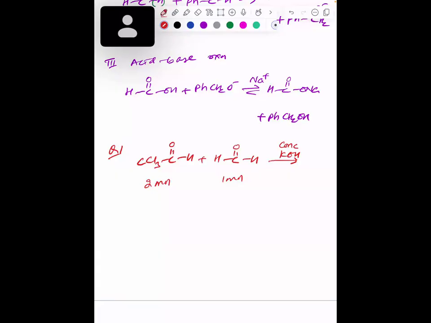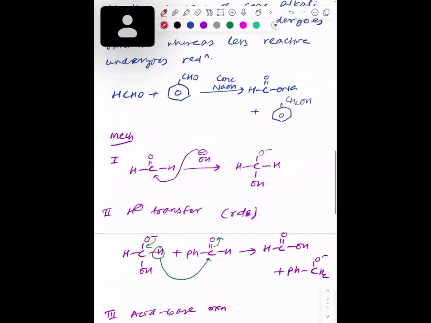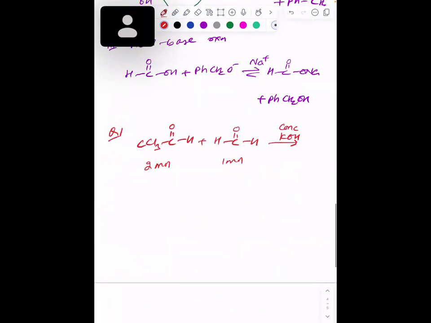Since formaldehyde is most reactive, it undergoes oxidation and the other one undergoes reduction. But in the previous example, both formaldehyde and benzaldehyde were present in equal molar ratio, but here it is not so.